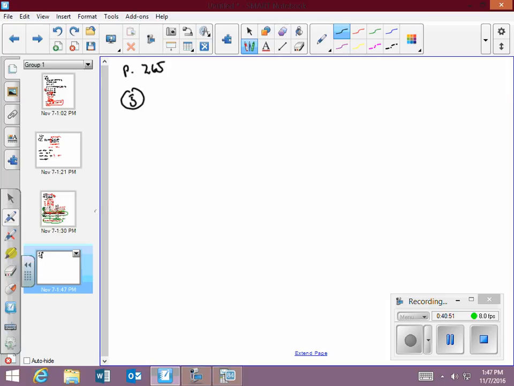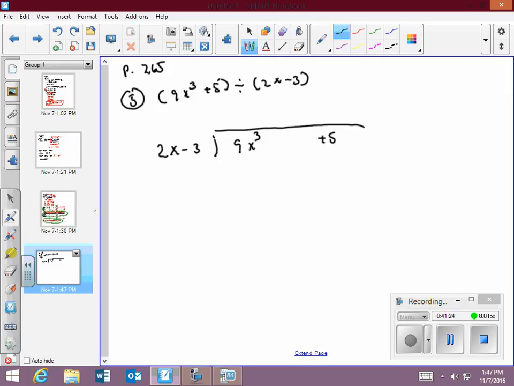The problem is 9x cubed plus 5 divided by 2x minus 3. So we go 2x minus 3 and put 9x cubed, leaving some room, plus 5. What do I have to multiply this by to get that number right there?